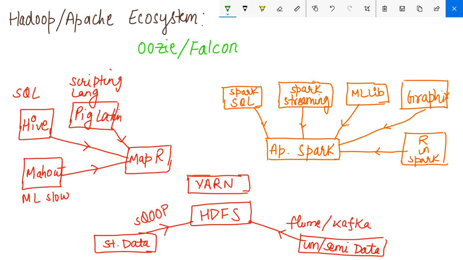After the Hive queries are done, there will be an output file, and on that output file you want to do a MapReduce, let's say a word count. You can schedule each and everything in Oozie or Falcon. You don't have to sit, wait, and watch. You just assign everything, give timings, and you can do other work, and everything is taken care of by Oozie and Falcon. Okay, so this is the entire Hadoop and Apache ecosystem.